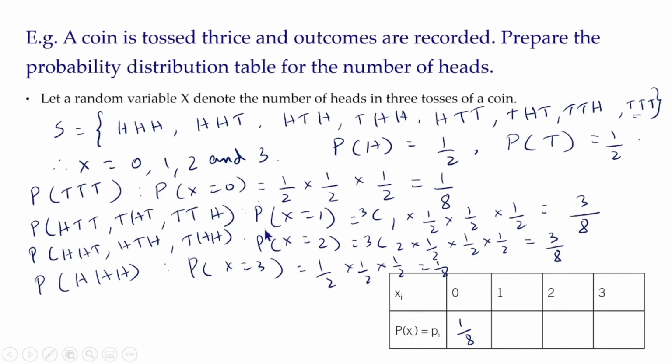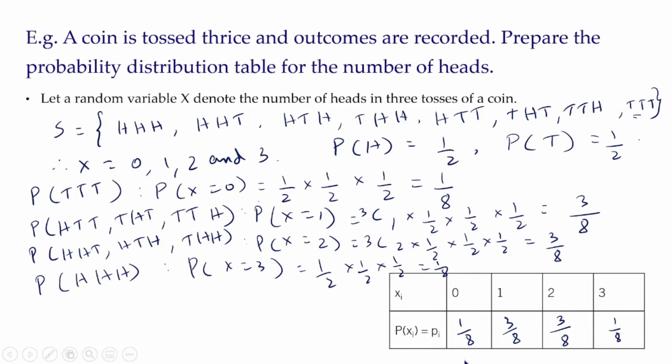Then P(x=1) we calculated as 3 by 8. Then P(x=2) is also equal to 3 by 8. And finally P(x=3) we found as 1 by 8.